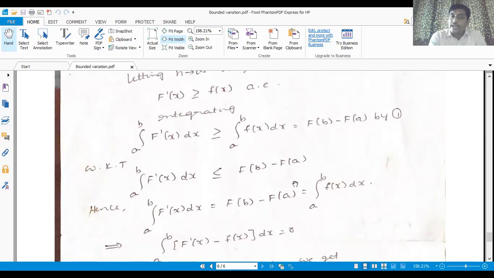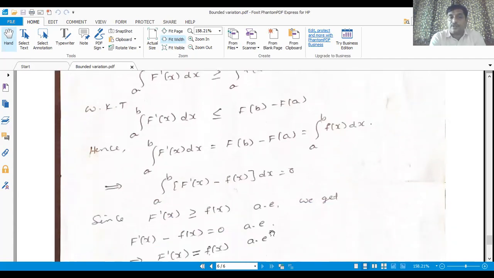Then we can rearrange because the limits are the same. The integral from a to b of F dash x minus f of x dx is equal to 0, by the properties of basic integration.